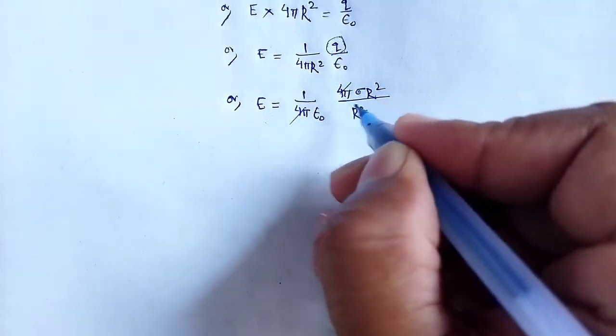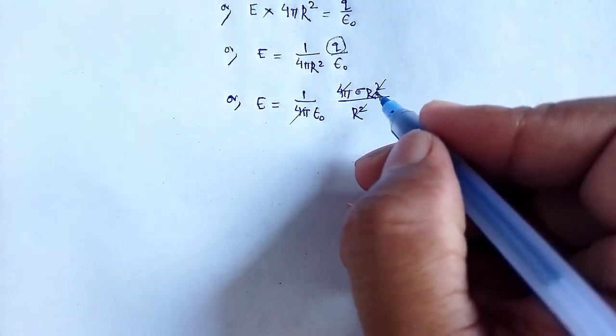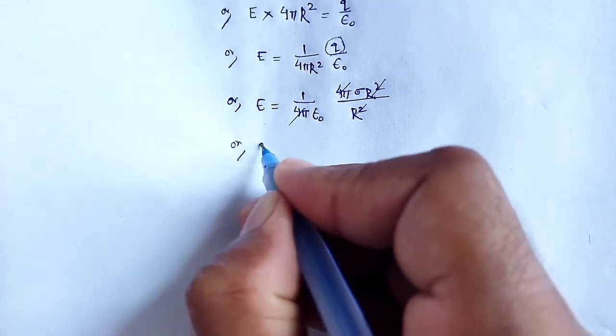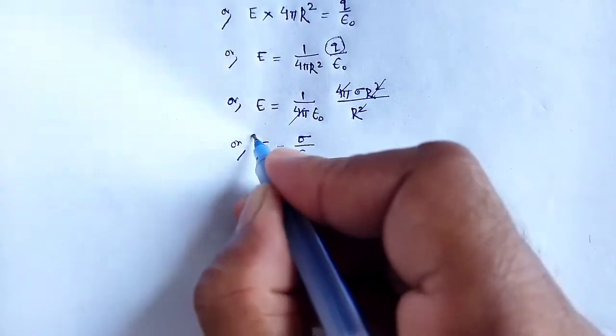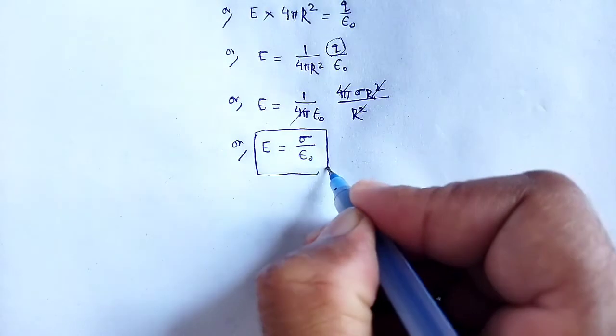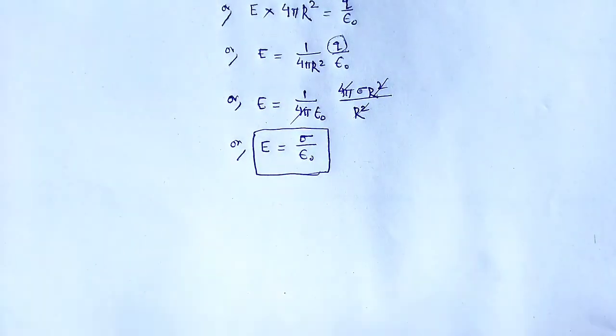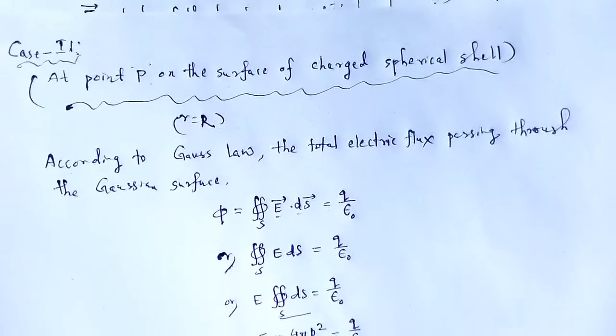Here 4 pi cancels out, R square cancels out. Electric field intensity E is equal to sigma divided by epsilon naught. This is the electric field intensity at point P, where the point P lies on that charged sphere. This is case number 2.